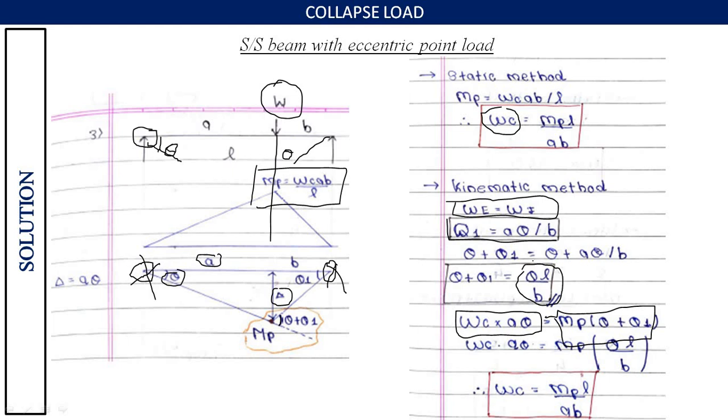So I have put the value of theta plus theta 1 over here and found the collapse load as Mp L by ab. You can compare using both of these methods. The value will be similar, or the same.